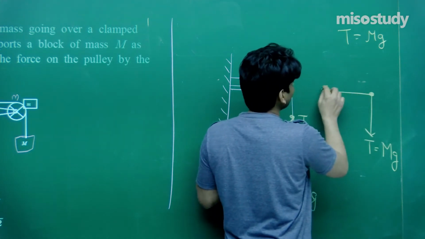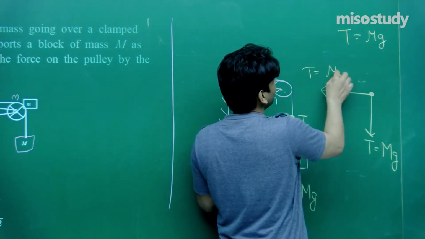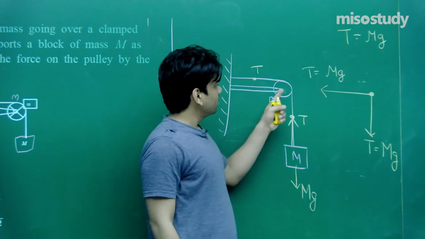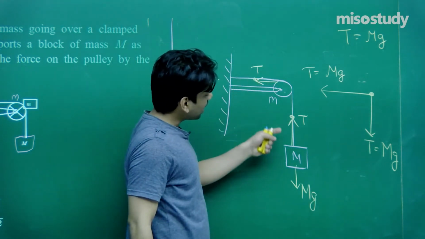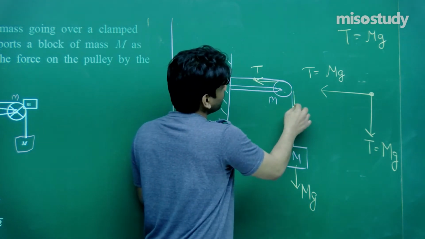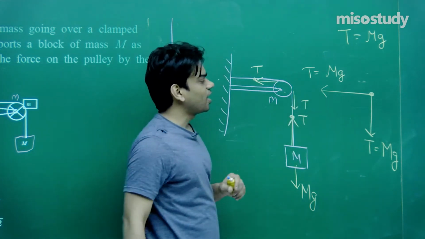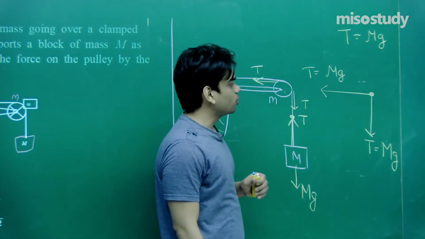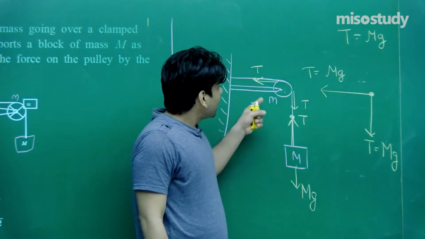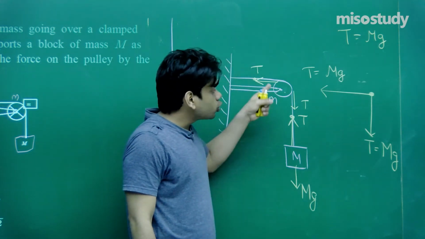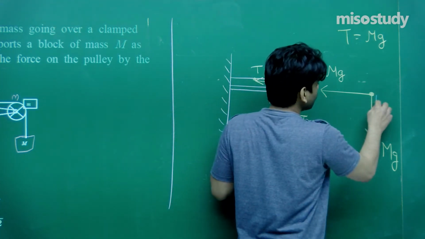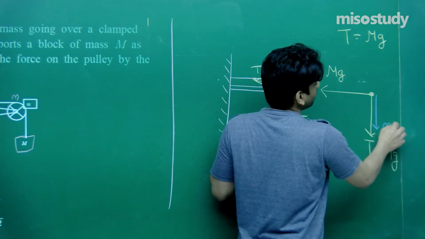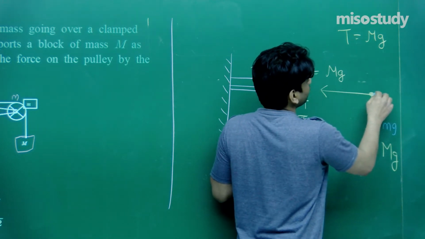Along the left-hand direction, we again have one tension, that is capital Mg. Capital Mg here due to tension, and again due to this part also capital T, that is the force acting in the two directions. Small mg force will also act in the downward direction due to the mass of the pulley. So small mg force should also be acting on the pulley.